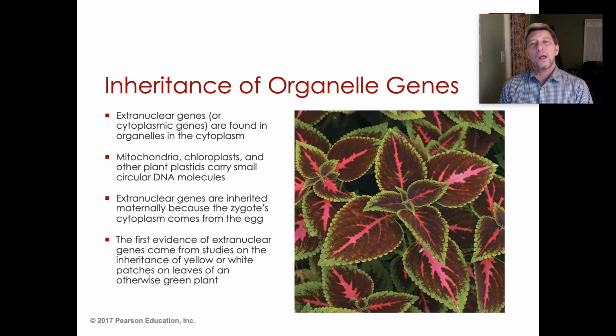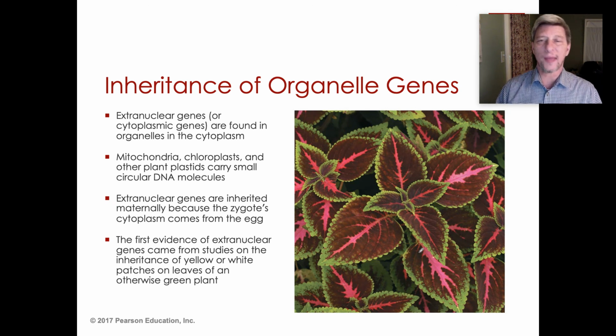Now, there's also the fact that some DNA is actually found in organelles called plastids, and also in mitochondria. All organisms, except for the prokaryotes and the bacteria, have mitochondria in them. And the mitochondria actually contains its own DNA.